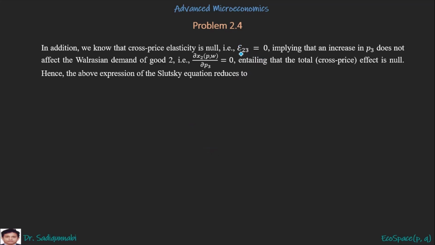So this implies that P3 doesn't affect Walrasian demand for good 2. Any change in P3 has no effect on good 2. That means del x2 del p3 equals 0.